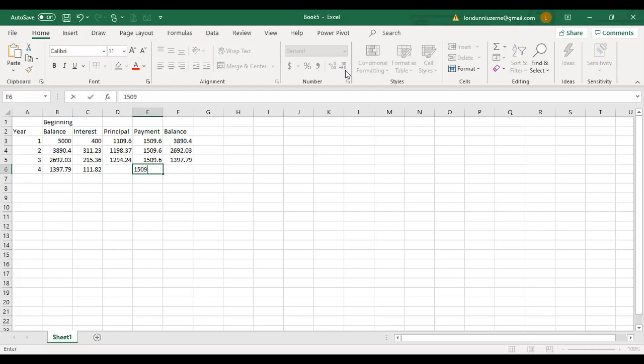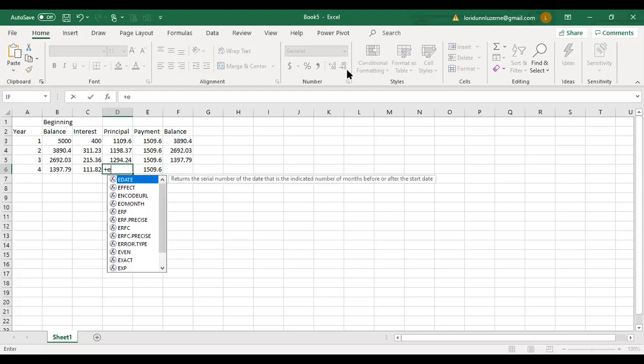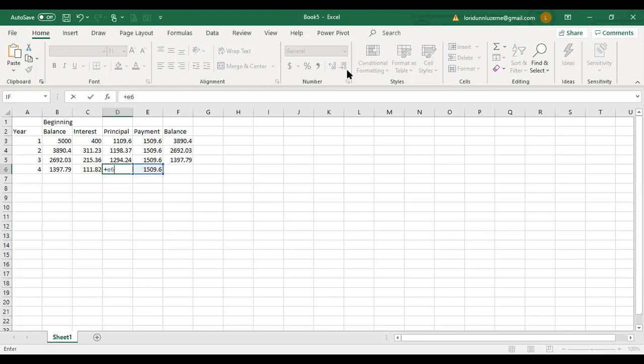My payment is $1509.60. E6, my payment minus the part that goes for interest, C6. Look at that, I'm a penny off. So B6 minus D6, a couple of cents off. And that's just because of rounding.